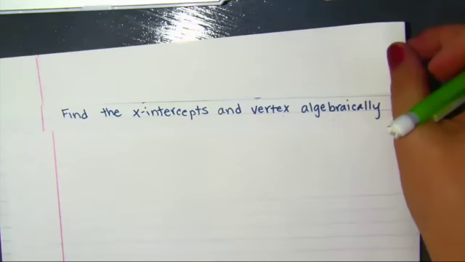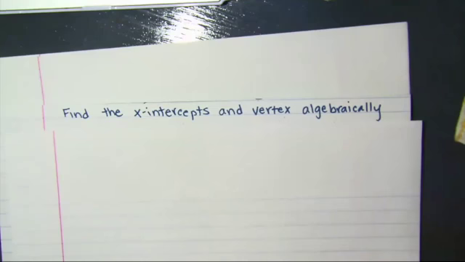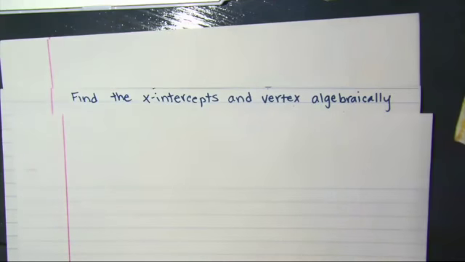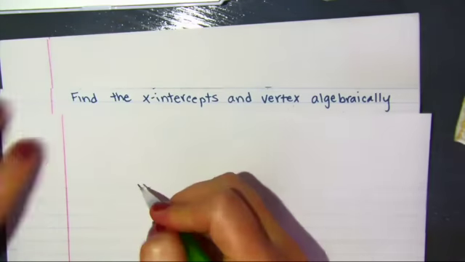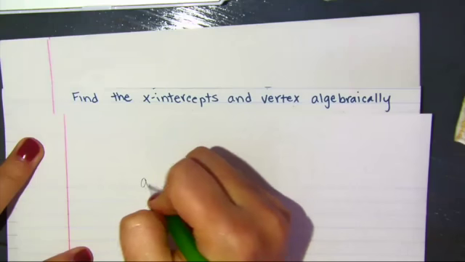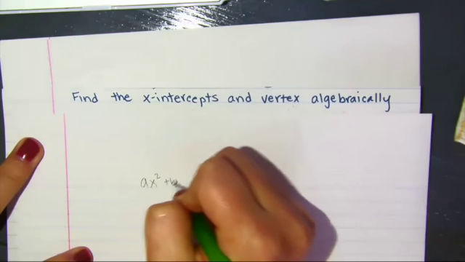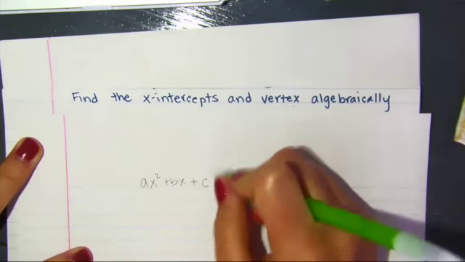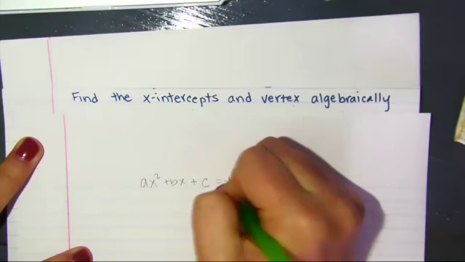All right, so I'm still going to keep this goal in mind, finding x-intercepts and vertex algebraically, but I want to derive a method that will work all the time for any quadratic, no matter what. So to do that, I have to not use a specific example, but use something that has only variables, no numbers. So I'm going to just start with our standard form quadratic, ax squared plus bx plus c equals y.